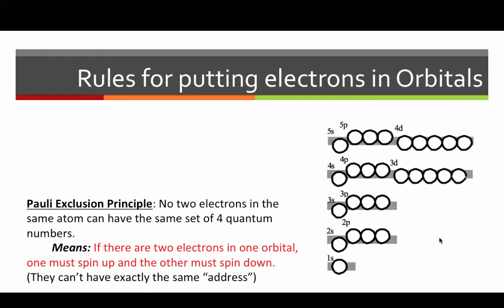And what we're going to use to represent electrons is going to be a half arrow. So if I have a half arrow that looks like this, that's going to equal 1 electron. And if I have to have them paired together, they have to be going up and they have to be going down. I can't put them together both facing in the same direction. That's our Pauli exclusion principle.